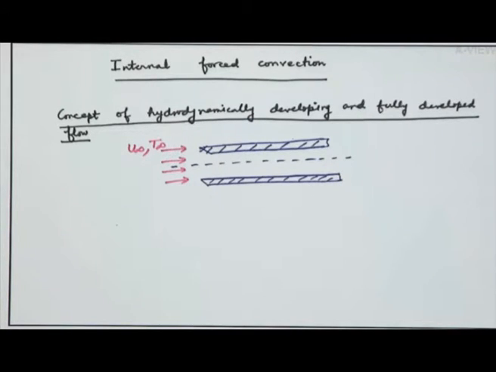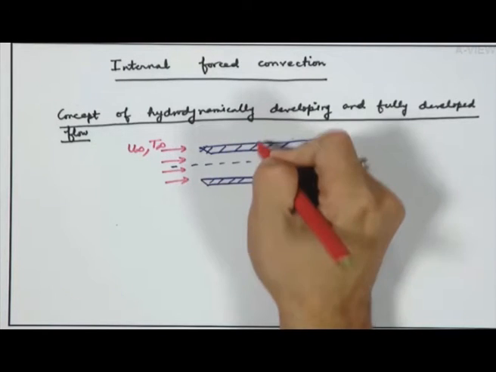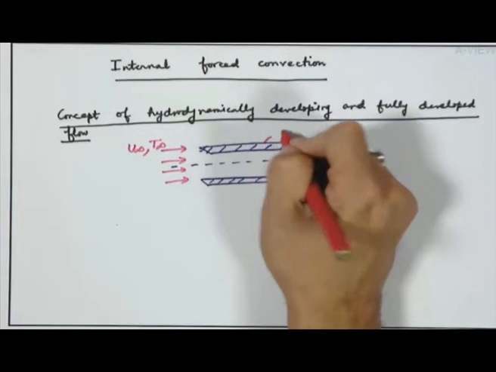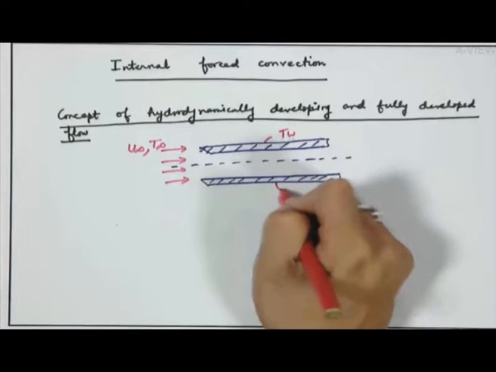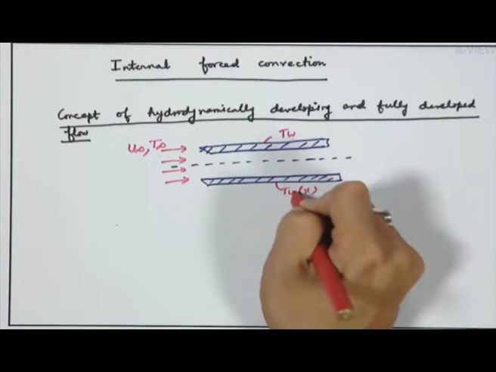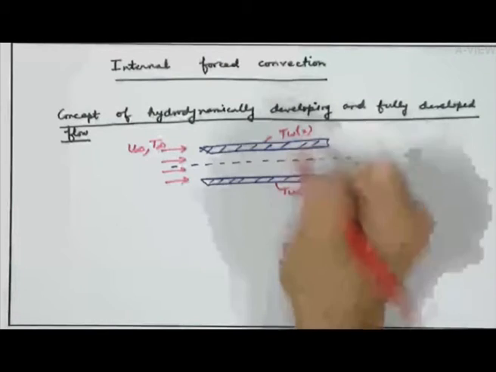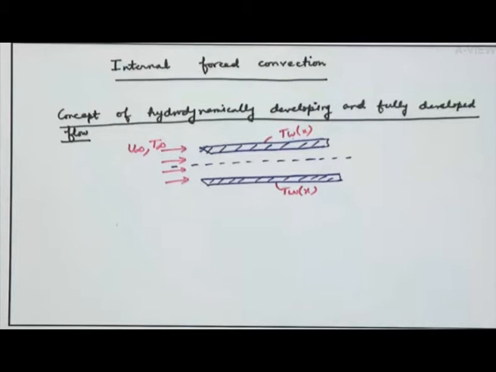Now, let the wall temperature be symmetric at the two walls. This is T wall, where T wall could be a function of x in general.